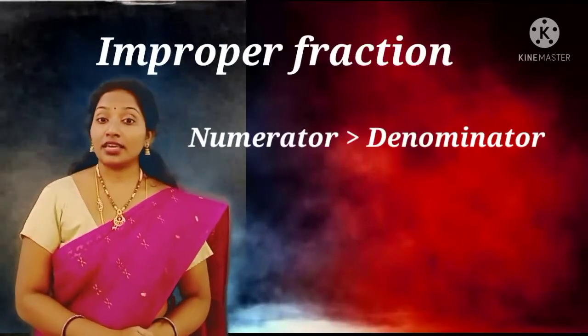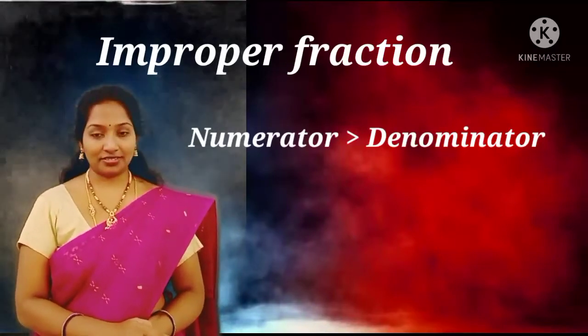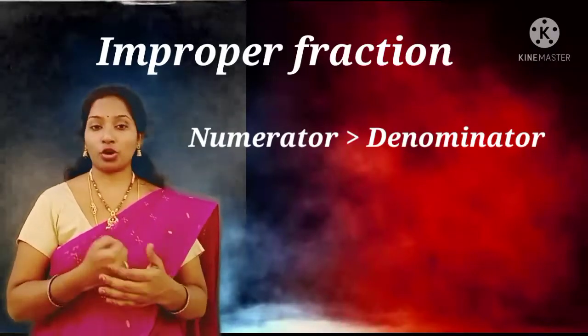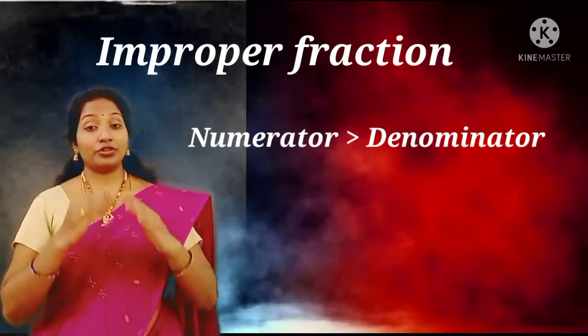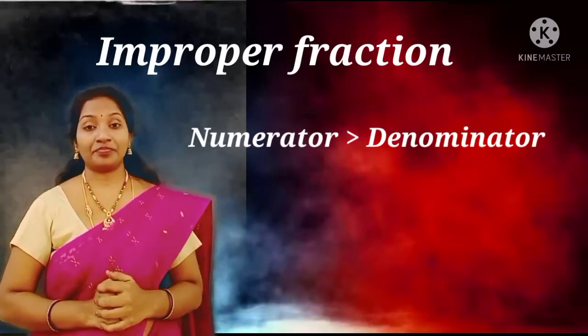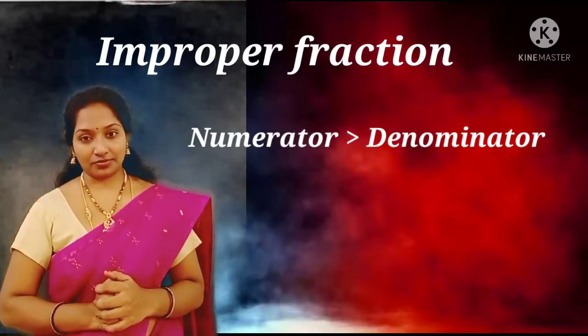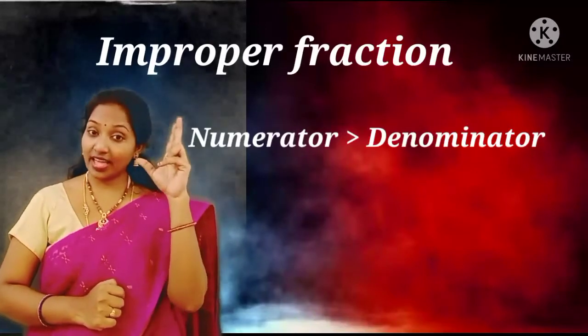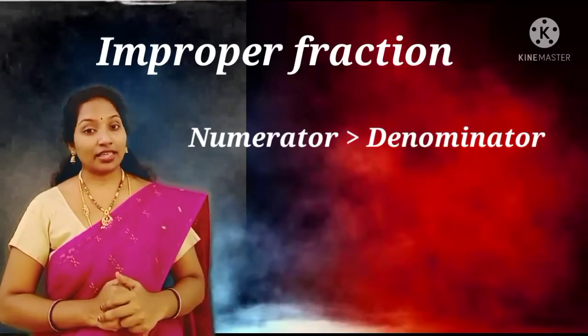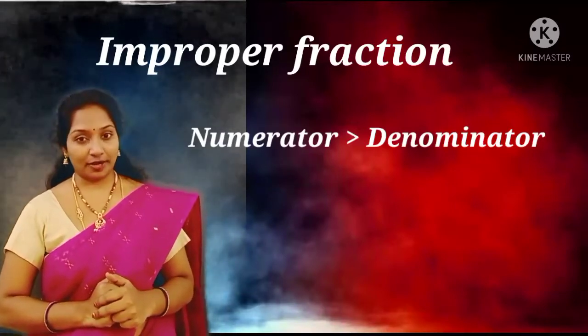Next one, improper fraction. What are improper fractions? It is just the reverse of a proper fraction. If the numerator is big and the denominator is small, or the numerator is greater than the denominator, then that fraction is said to be an improper fraction.